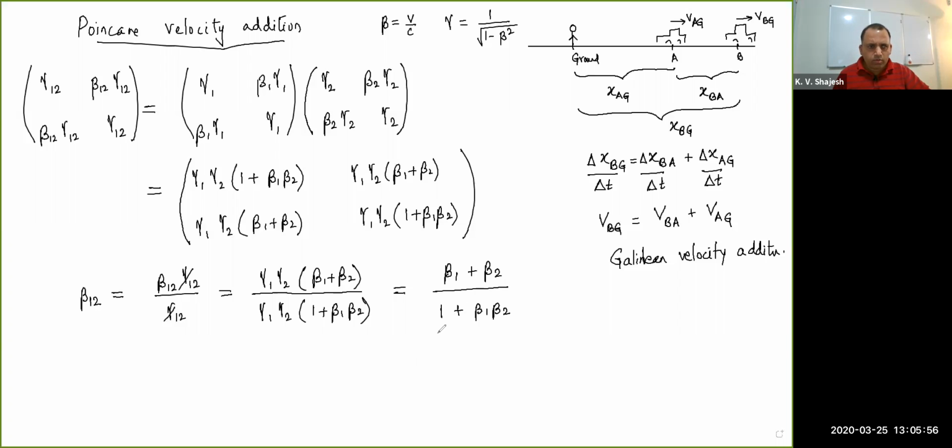We're talking about velocity of 1 with respect to 2. If we were to do it the other way, if by any chance one of them was moving in the opposite direction, accordingly the signs should be taken care of. And that's the velocity addition formula, or the Poincare velocity addition formula for you.